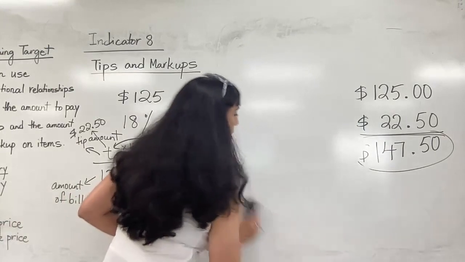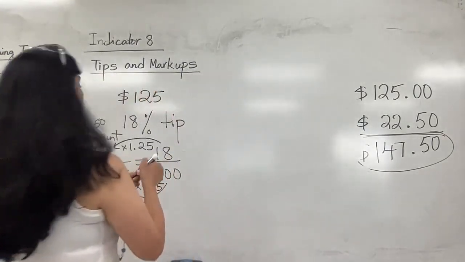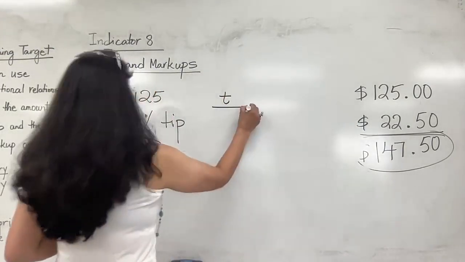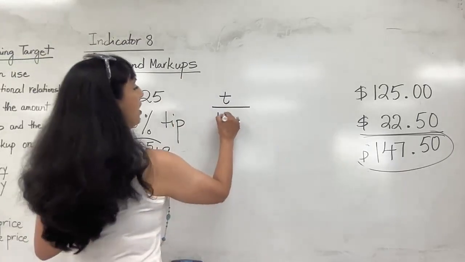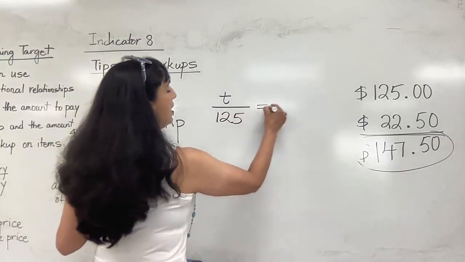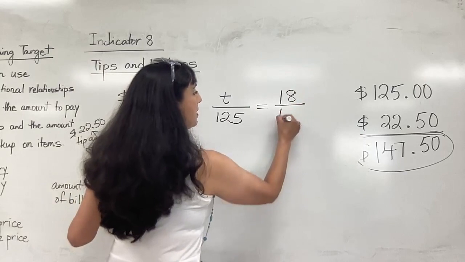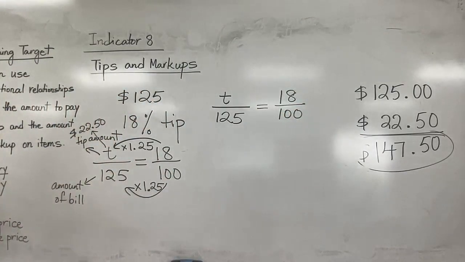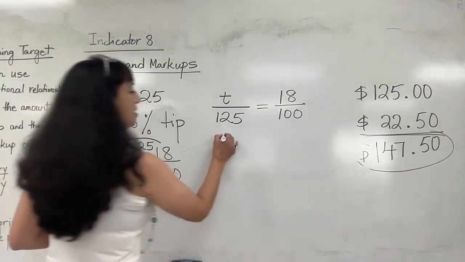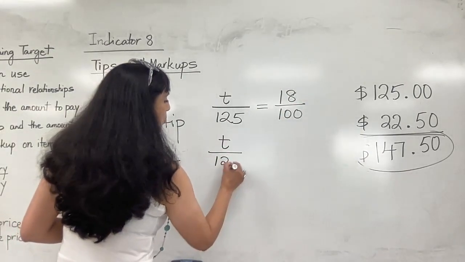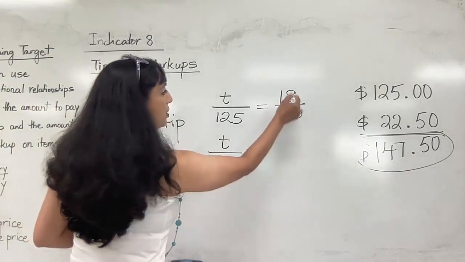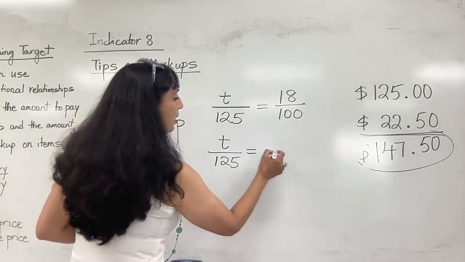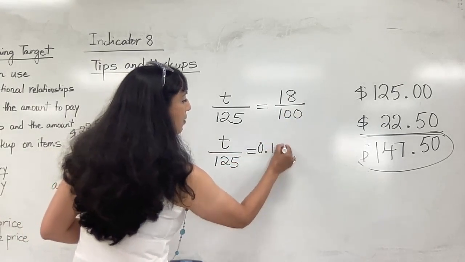The properties of operations method, again: the tip amount over the total amount, which is 125, is equal to 18%. And then I am going to write the 18% as a decimal. So that is T over 125 is equal to 0.18.